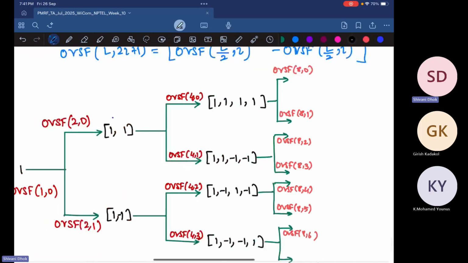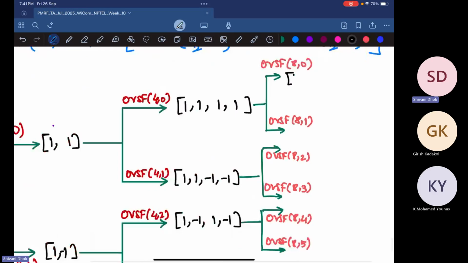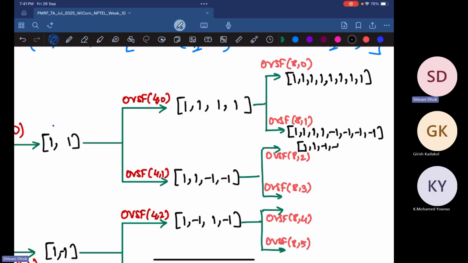So the first one that we get here is 1 1 1 1, and same thing repeated. And for 8 comma 1, the first part is as it is, but for the next we flip the signs. Then for this one, we repeat it: 1 1 minus 1 minus 1, 1 1 minus 1 minus 1, and this is 1 1 minus 1 minus 1 minus 1 minus 1 1 1.